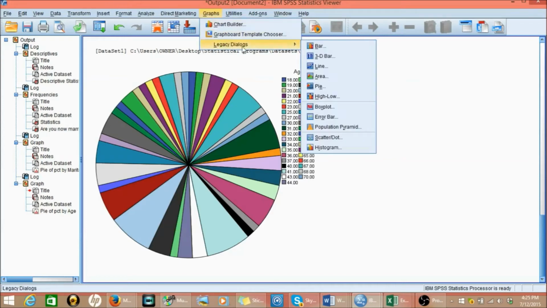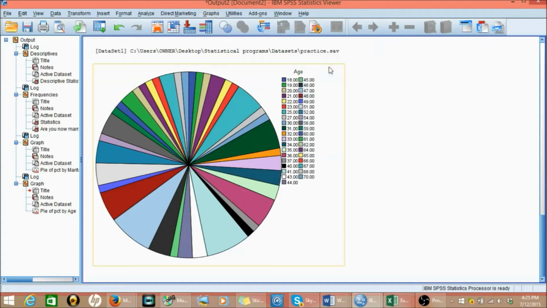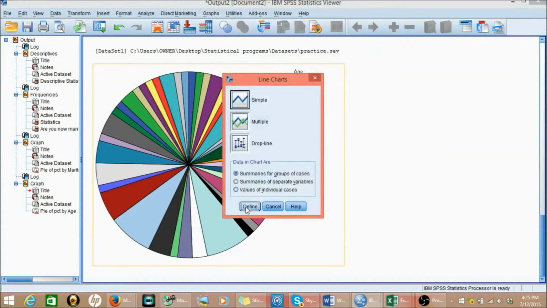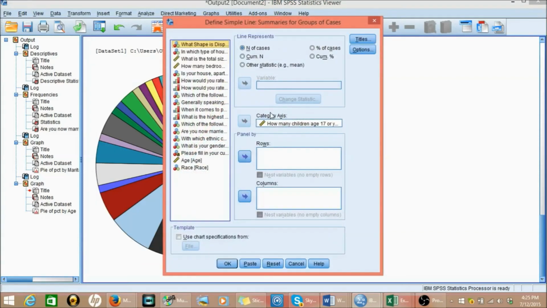Let's try one other thing. Let's look at a line graph just to play around a little. Oh, that's not a bad one.